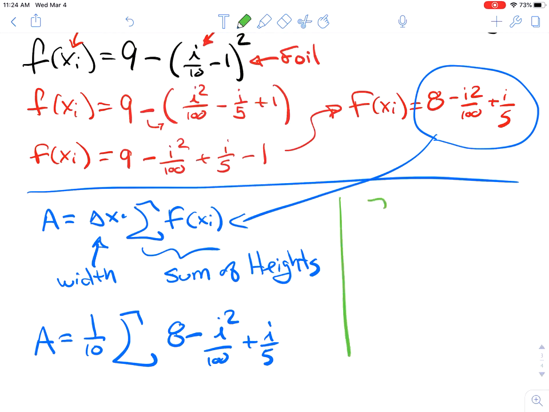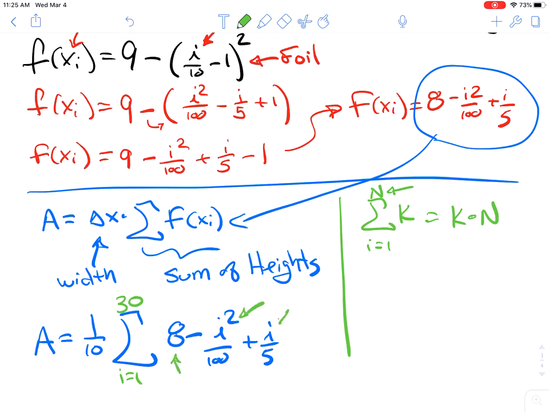Recall our summation formulas. If we had a constant, then we can replace the summation with the constant times the upper bound of the summation. We are doing from I equals 1 to 30 rectangles. So our constant would simply be 8 times 30.